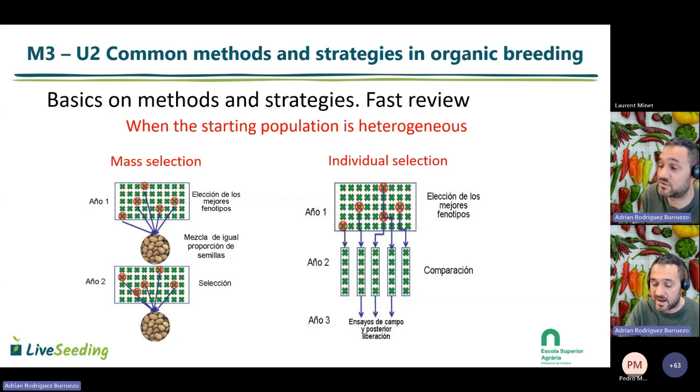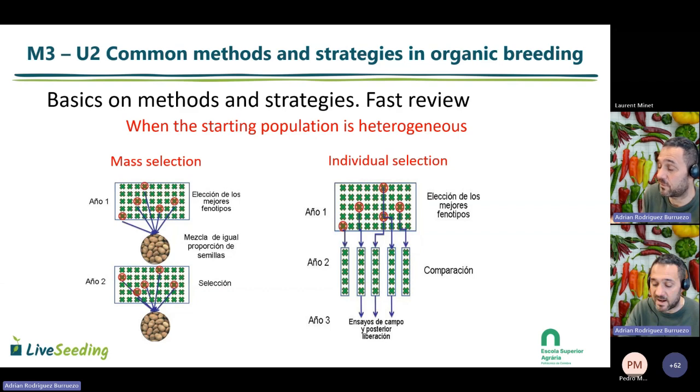I'm being a bit strict because I'm not leaving 90 or 95% of the individuals to reproduce, but only the 5 or 10% I like the most. But I'm always keeping some degree of variation because I mix them.